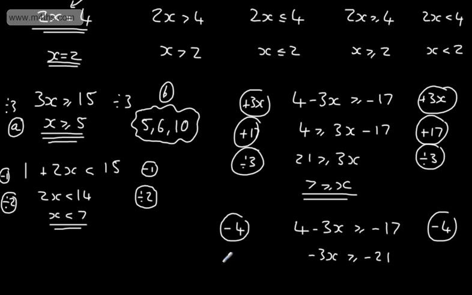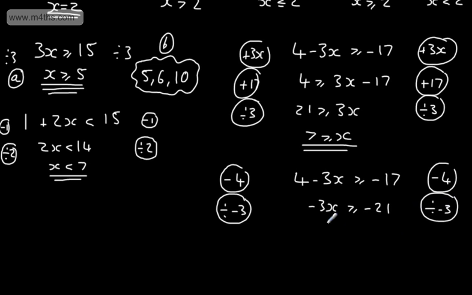At this stage, I'm going to divide both sides of the inequality by negative 3. So dividing both sides by negative 3, I'll write this out step by step, I'm going to have x is going to be equal to or less than negative 21 over negative 3. So this gives me now that x is going to be equal to or less than positive 7.